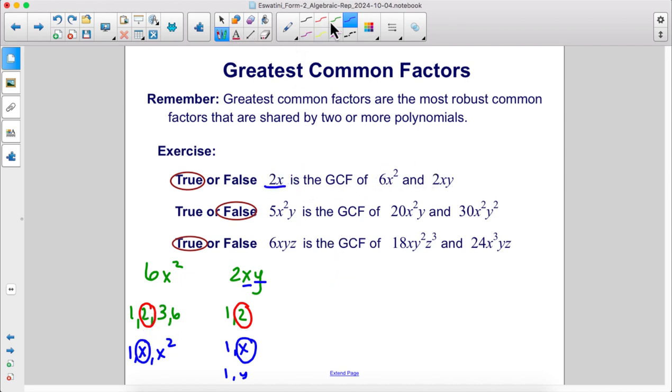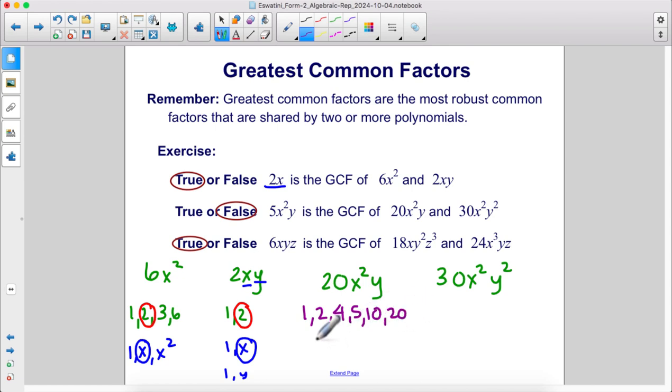All right, let's move on to this one. 20x squared y and 30x squared y squared. So I'm going to quickly do the factors. We have the factors of 20, then 1, x and x squared, and we have 1 and y.